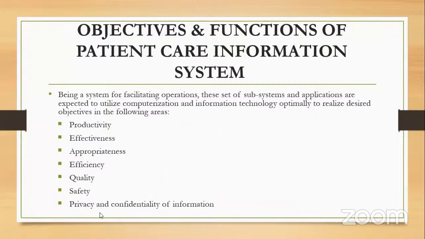Being a system for facilitating operation, this set of subsystems and applications are expected to utilize computerization and information technology optimally to reach desired objectives in the following areas: productivity, effectiveness, appropriateness, efficiency, quality, safety, privacy, and confidentiality of information.